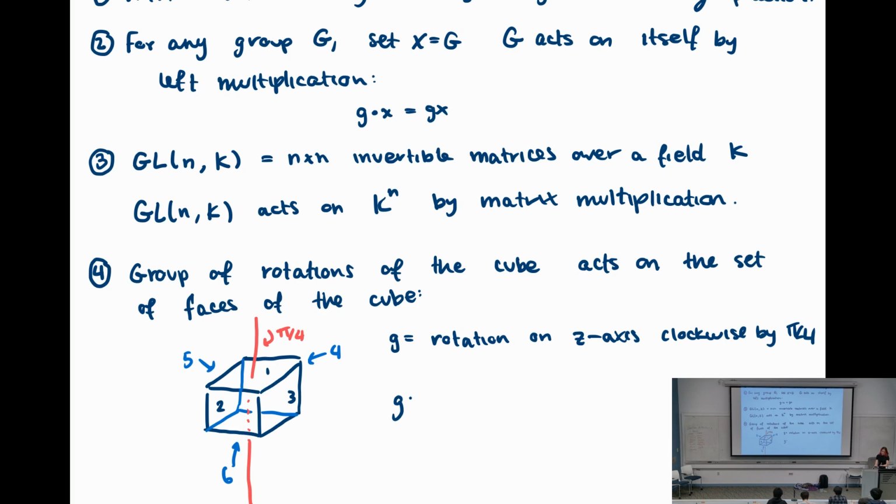So for example, let's say G times 2. G would take the face 2 to the face 3. And so on. And G would fix the face 1. Etc. Does it make sense?